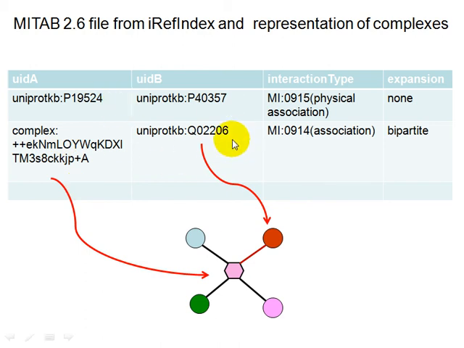The second identifier, UID-B, points to one of the proteins. So this row here points to one of these memberships describing one member of a complex. So the entire complex in the MITAB file will be represented in this case by a total of 4 lines.